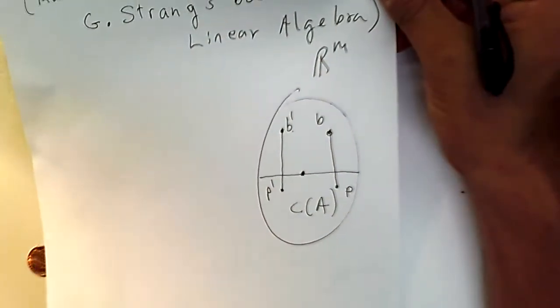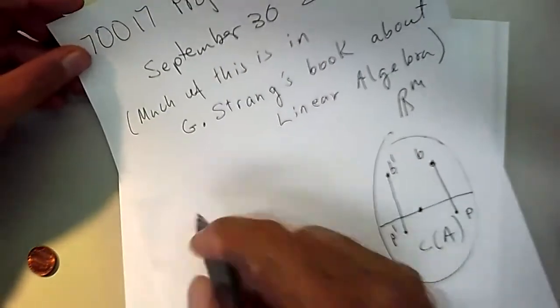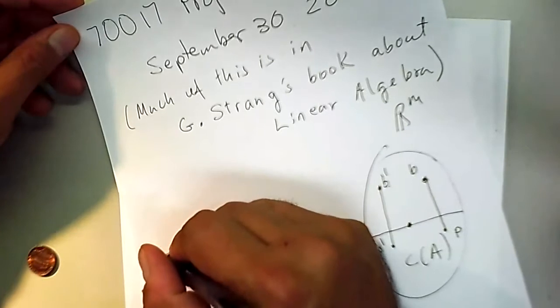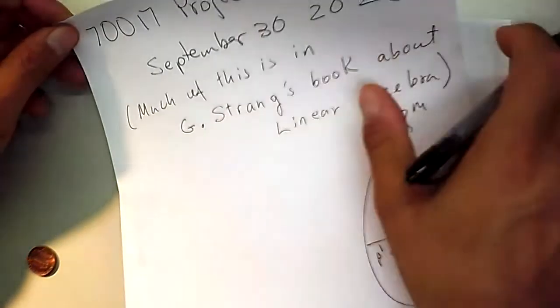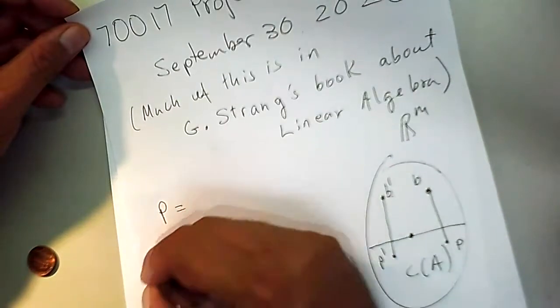Mr. Strang, in section 4.2, comes up with a very nice formula for a projection matrix.